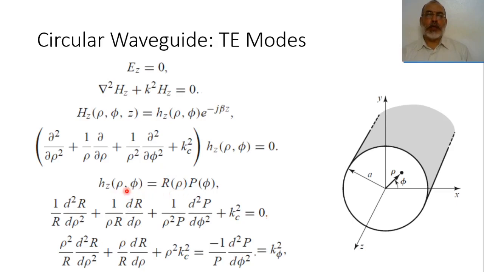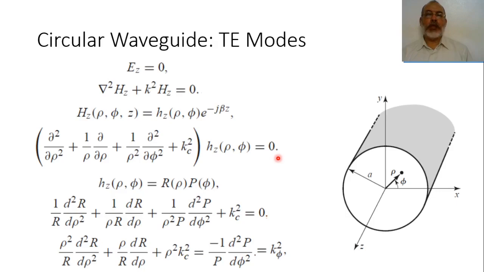Now, by applying this form in this differential operator, it will correspond to B multiplied by partial squared R by partial rho squared, plus B multiplied by 1 over rho partial R by partial rho, plus R multiplied by 1 over rho squared partial squared B by partial phi squared, plus kc squared R multiplied by B. This equals 0.